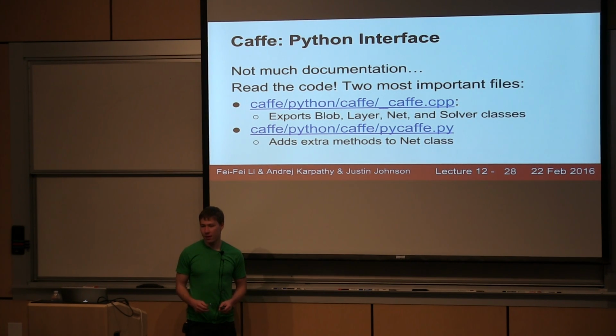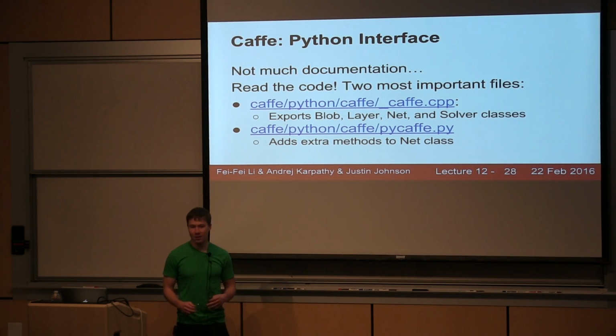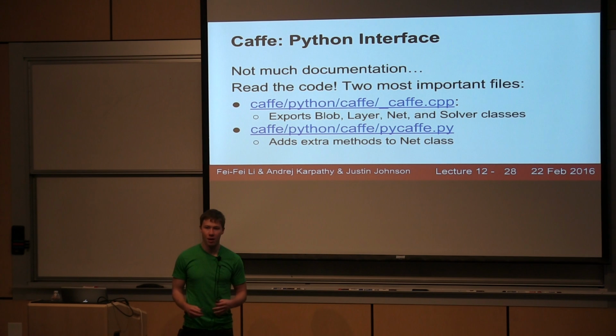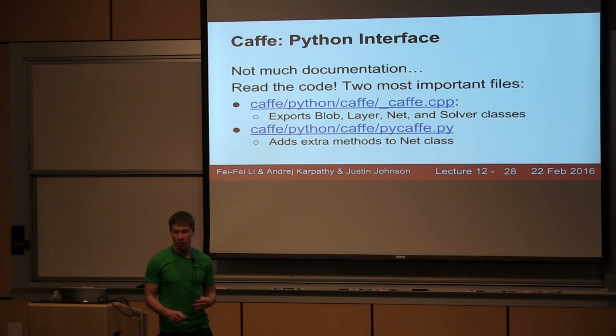Caffe has a Python interface, like I mentioned. Since there's so many things to cover, I don't think I can dive into detail here. But as is kind of par for the course in Caffe, there's not really great documentation about the Python interface. So you need to read the code. And the Python interface for Caffe is mostly defined in these two files.